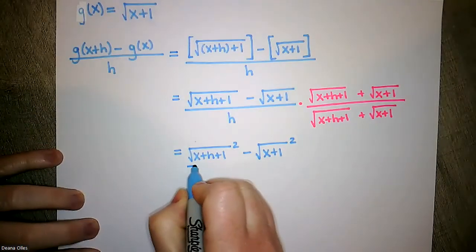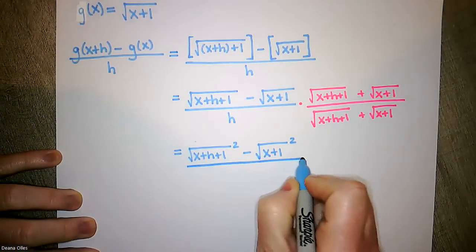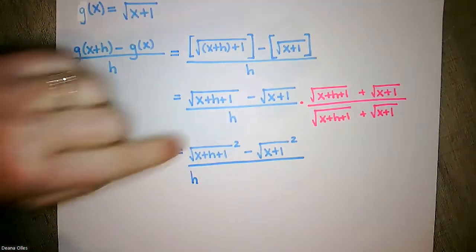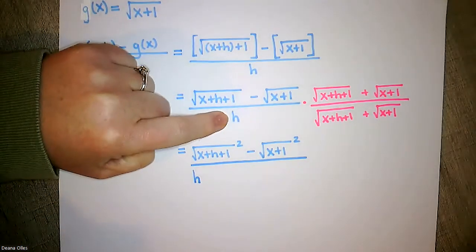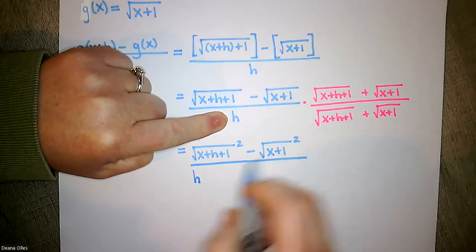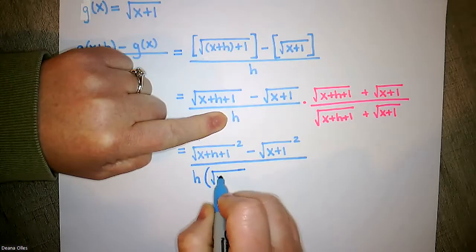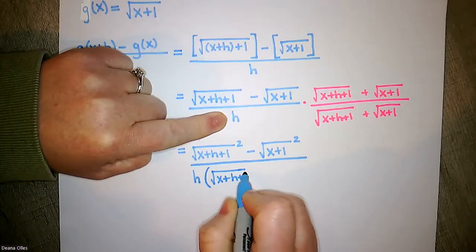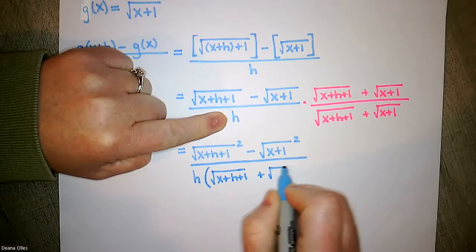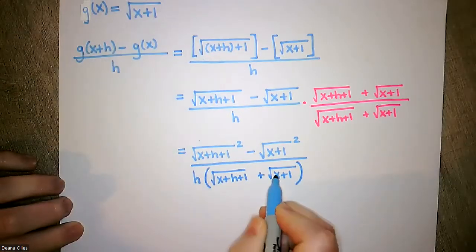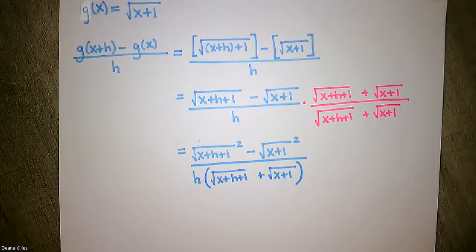There's no need to do that because two of those terms would eventually cancel out. We have H left in our denominator, and we are going to leave this as factored. So H times the quantity square root of X plus H plus 1 plus the square root of X plus 1. And I'm not going to distribute the H in, and I'll show you why in just a moment.